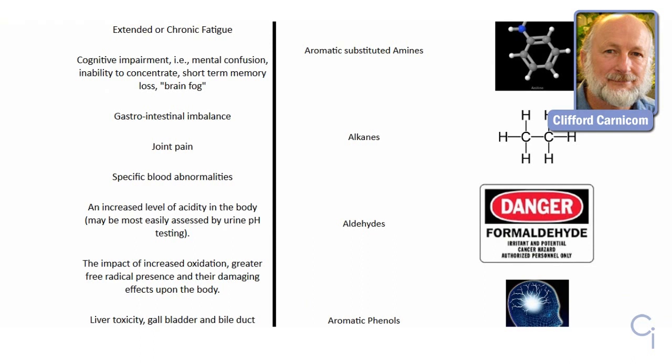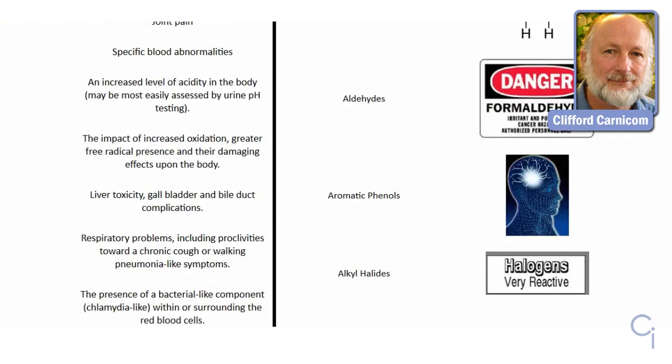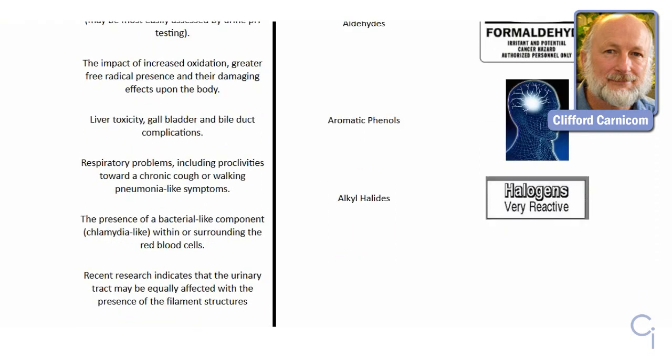an increased level of acidity in the body, the impact of increased oxidation, greater free radical presence, and their damaging effects upon the body, liver toxicity, gallbladder and bile duct complications, respiratory problems, including proclivities towards a chronic cough or walking pneumonia-like symptoms, the presence of a bacterial-like component, chlamydia-like, within or surrounding the red blood cells.